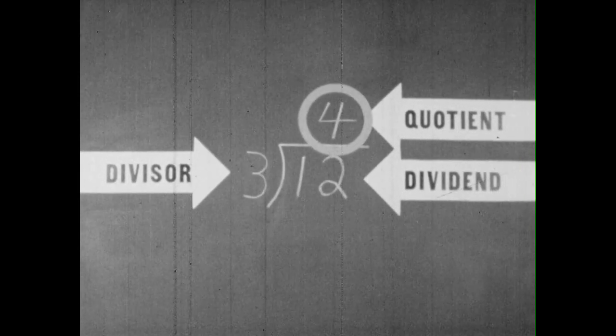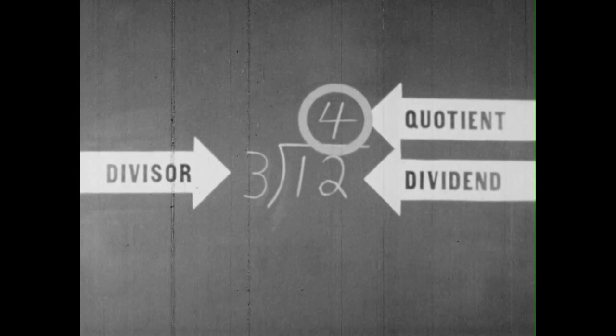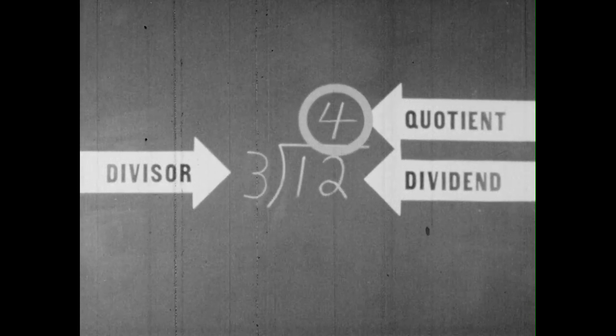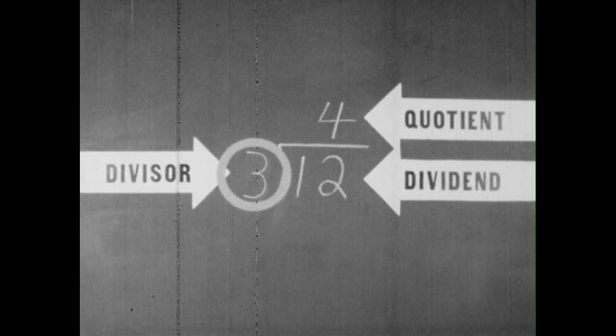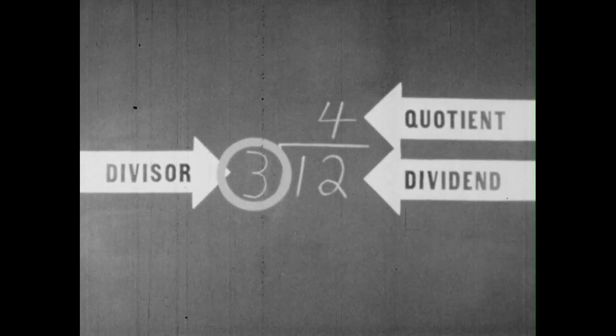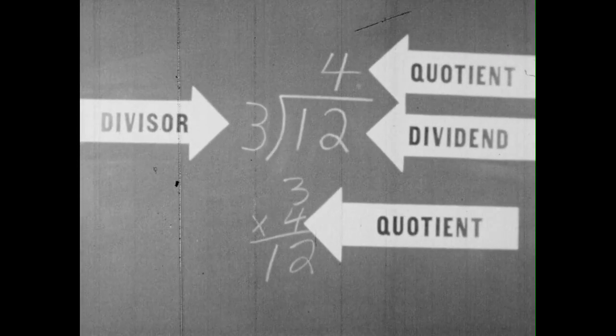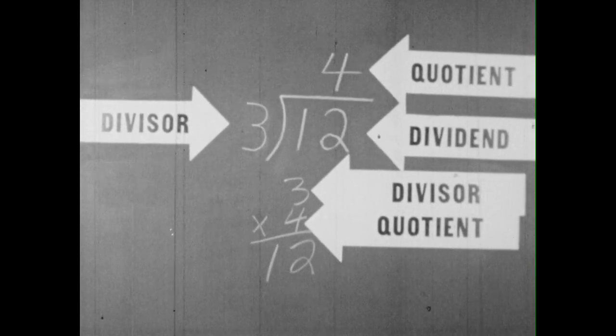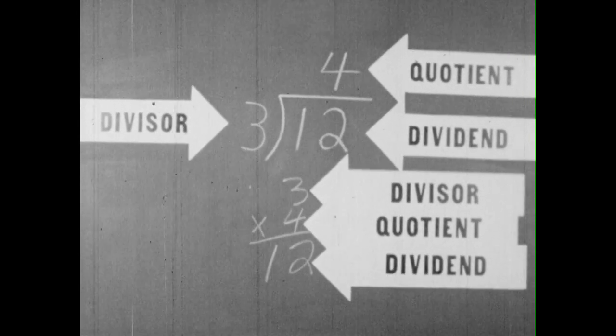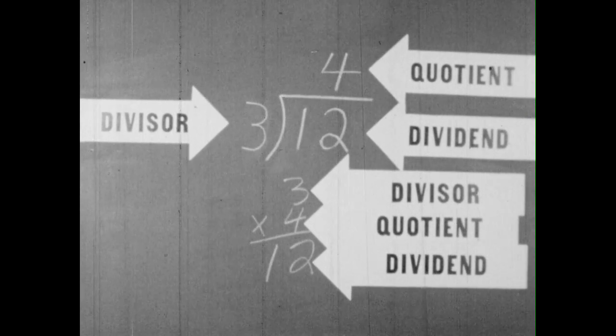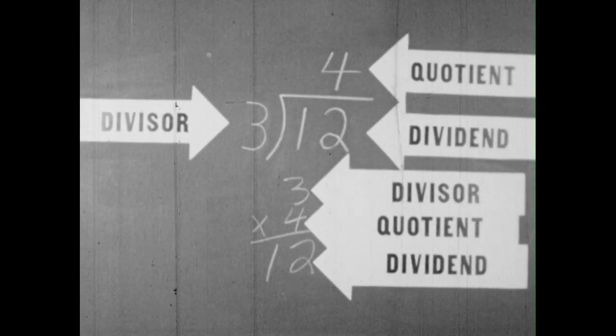The quotient tells us how many equal numbers, or addends, the size of the divisor, must be added together to equal the dividend. Now, Bob, do you remember how to check division? In even division, the quotient times the divisor should equal the dividend. As you can see, division is just the opposite of multiplication.